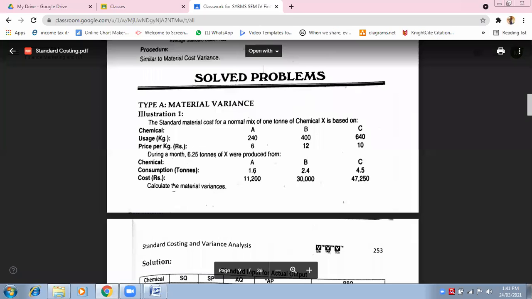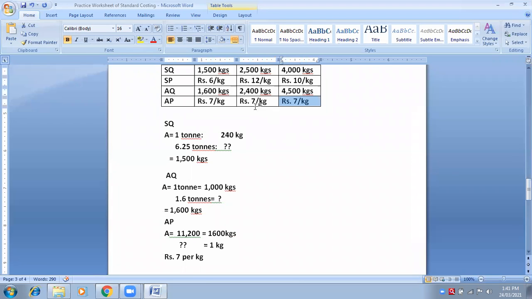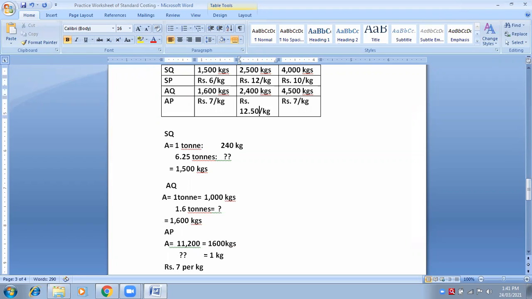Tell me for B. 30,000 rupees for 2,400 kgs. How much would it be for 1 kg? 12.5. Okay, so it is 12.50.